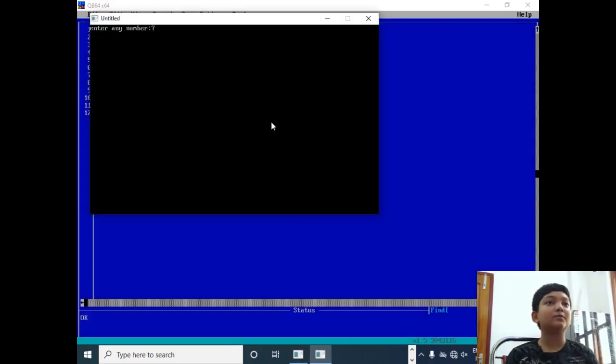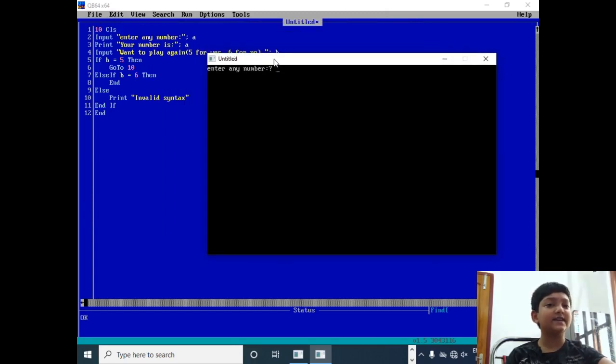I am giving, suppose, 4, 5, 6, and then our number is 4, 5, 6, and I want to play again, and then 5. See, it is showing from the beginning. Why is it so? Because the CLS statement clears our program screen and starts again from the beginning.